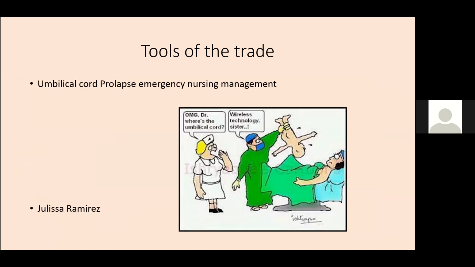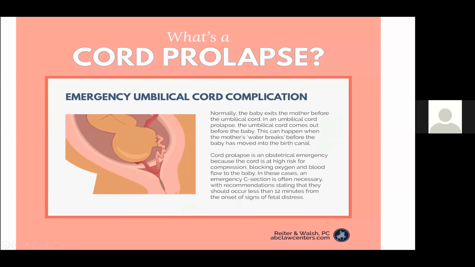Yeah, there we go. Okay, so I got the umbilical cord prolapse, nursing management. So what it is is when the umbilical cord comes out before the baby, so it's hanging out, and it's an emergency situation because it can get compressed when the baby is trying to come out.